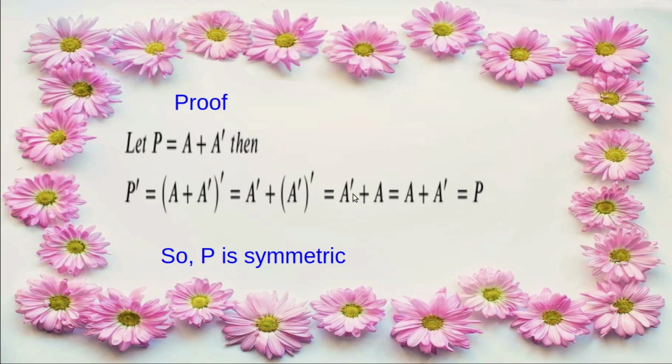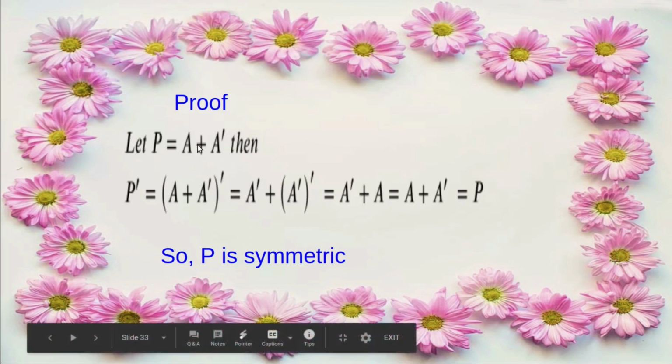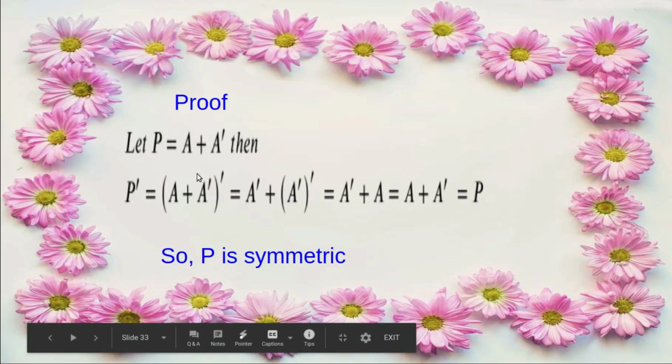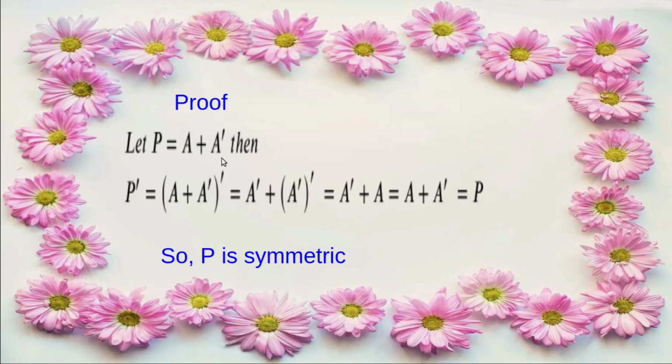That is equal to A transpose plus A, since A transpose transpose is A. And this is equal to A plus A transpose, because matrix addition is commutative. This is equal to P. So we have P transpose equal to P.